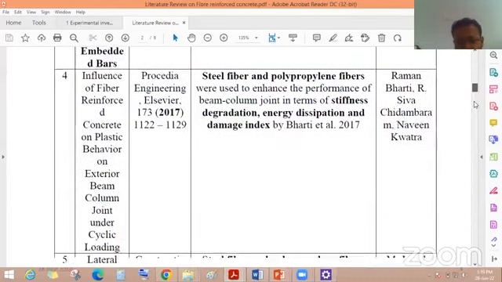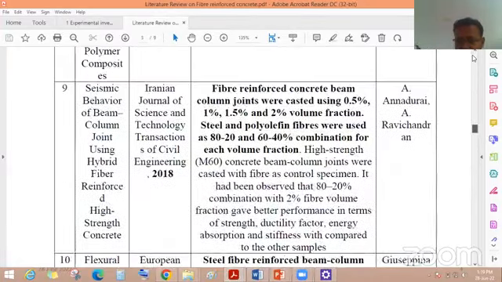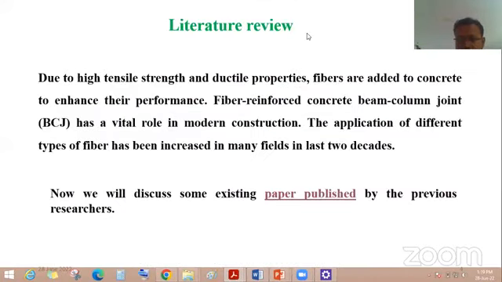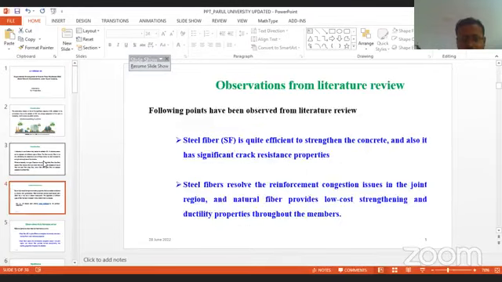So we have reviewed so many literatures, and from the existing literature we have come to a conclusion that the steel fiber is quite efficient to strengthen the structure, and also it offers the crack resistance property to the concrete. Okay.